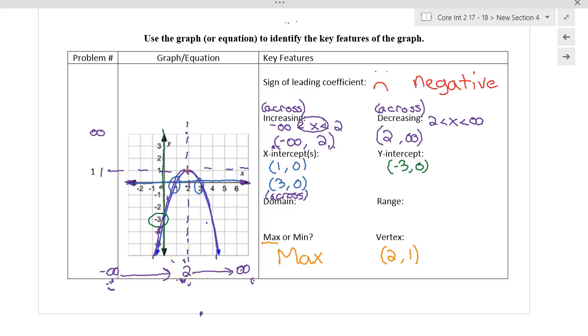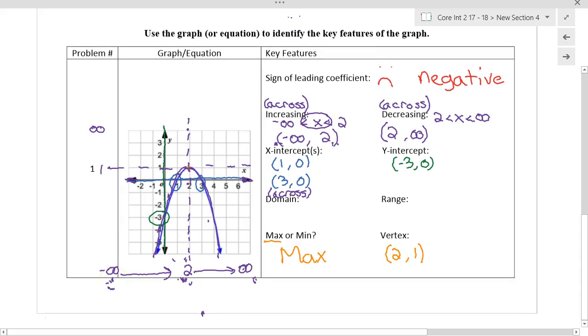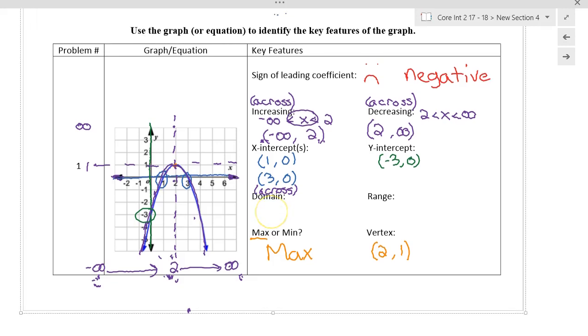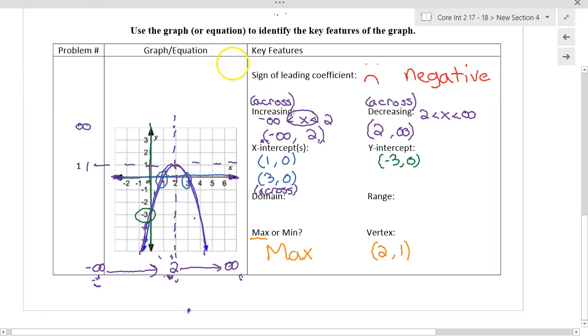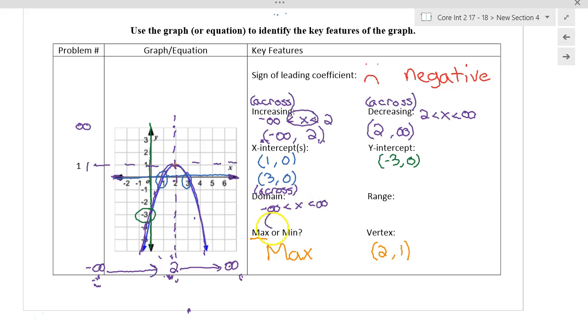So what I can say is if I go from negative infinity all the way to infinity, my graph exists between there. So then we can write it as negative infinity is less than x, which is less than infinity, or how we're going to write it, negative infinity to infinity.